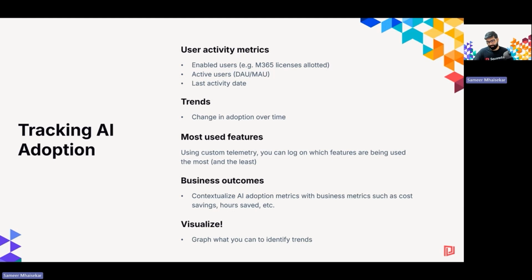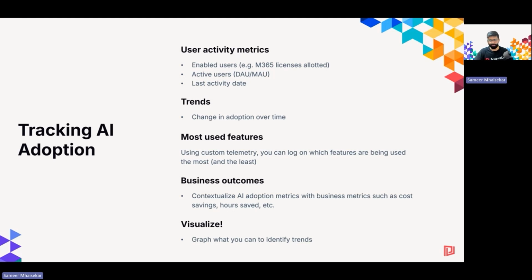Well, and it's not just about usage for the sake of usage. We want to connect these adoption metrics to real business outcomes like cost savings or hours saved, productivity gains, things like that. So, for example, M365 Copilot will definitely boost your productivity, reduce the time it takes for you to complete a particular task, and so on.